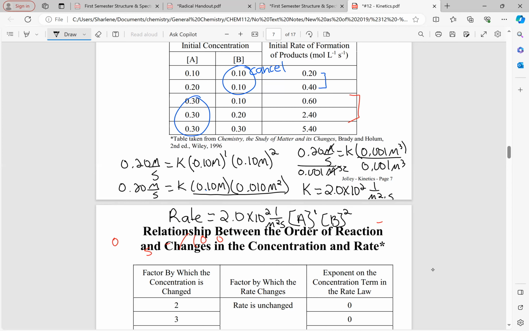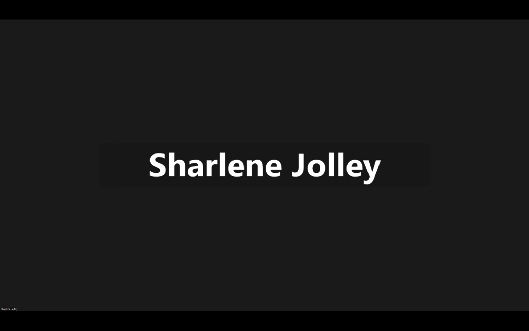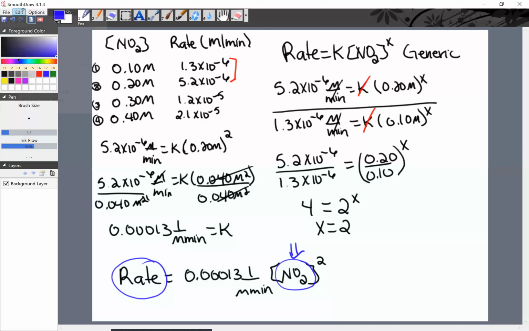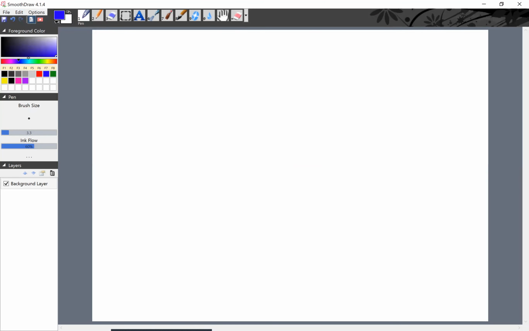So it's first order in A, second order in B, and it's third order overall. And that is how you do multiple reactants. But I am going to go over to the whiteboard, and we are going to talk about those units on the K value.